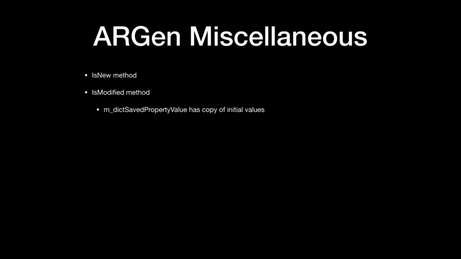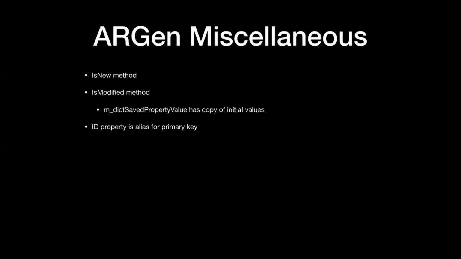So what's kind of nice, this comes in handy, is if you're doing an audit trail or something, in the after save event, or before save event, doesn't really matter, you can ask, do I need to do something for the audit trail? So isModified, yes, you can loop through this dictionary and compare the values in the dictionary to the current object to see if any of them have changed, and put things into the audit trail that you want to.